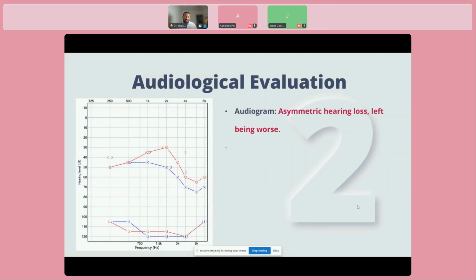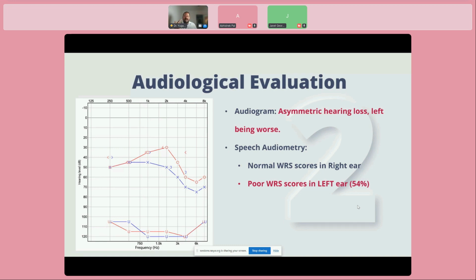Again, there is an asymmetry. Asymmetry in audiological evaluation is very, very important. This is the reason why I mentioned at the beginning that audiologists can identify vestibular issues beyond the audiological issues at least 60% of the time because of these asymmetries and other signs. Please do audiological evaluation, pure tone audiometry and speech audiometry, and compare them.